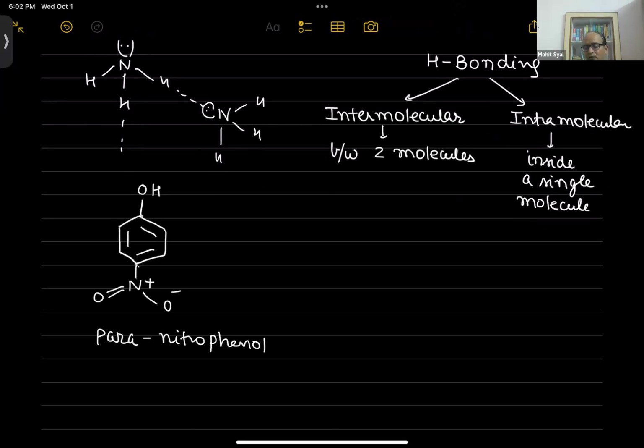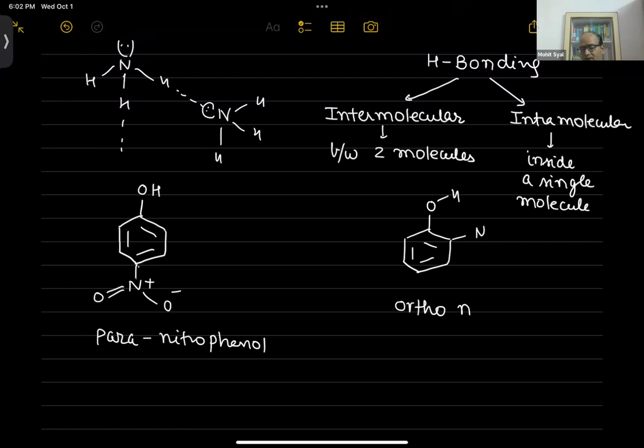And you can put the nitro group just adjacent to the OH group. This is phenol, the benzene ring with the OH, and you put a nitro group just beside the OH. This is known as the ortho position. These are the names.